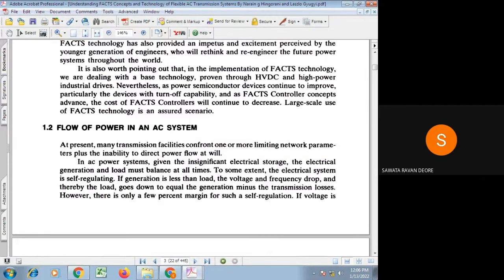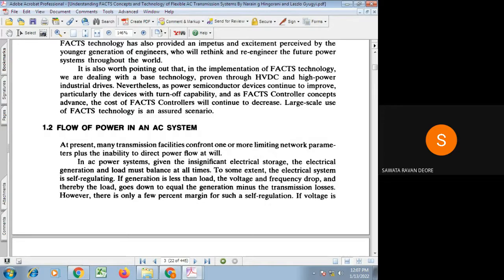Now, as we all know, electrical energy cannot be stored in mass, other than in batteries and the like, which are very small in capacity. Largely, whatever power we are generating, we have to feed according to the load on that system.